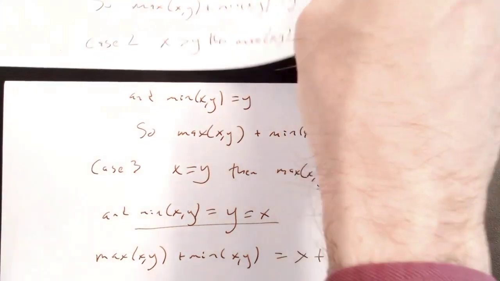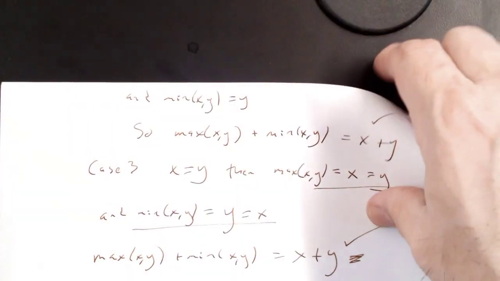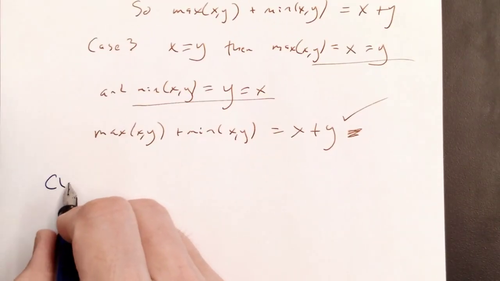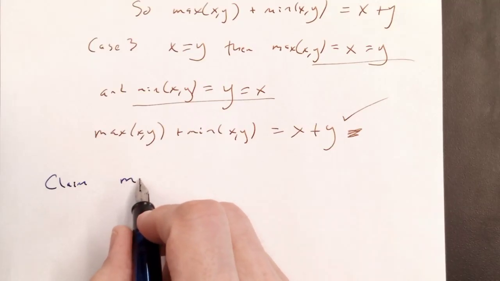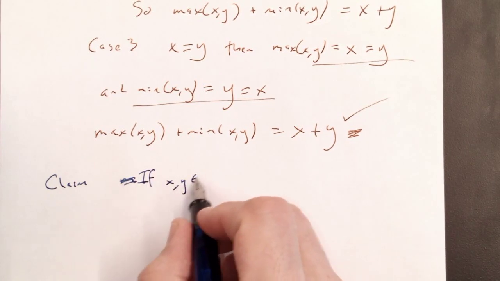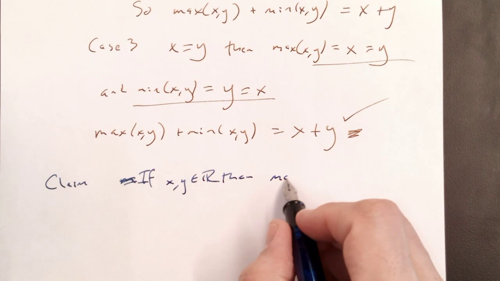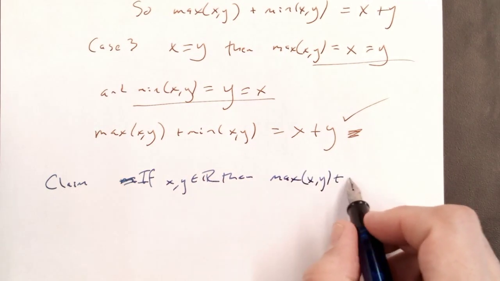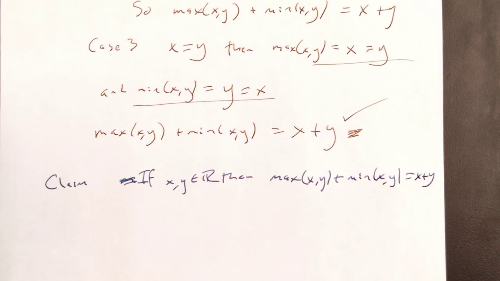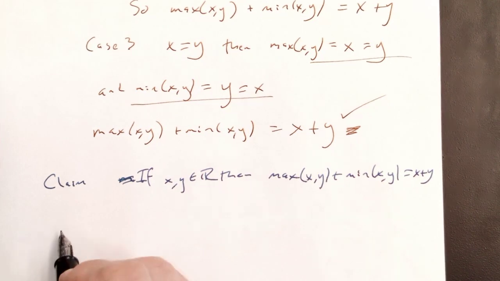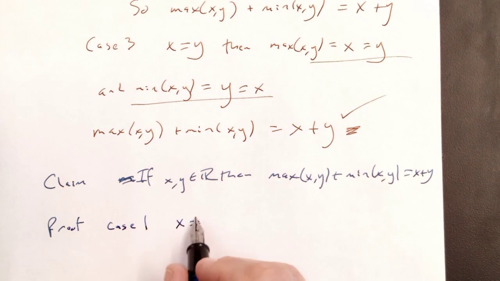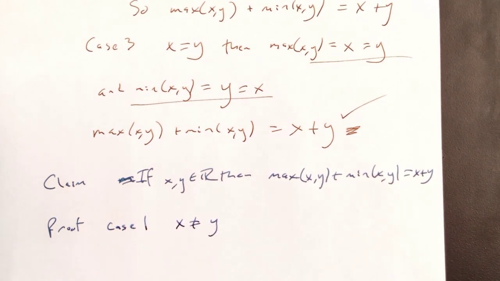So let me revise this proof again. If I want to combine those first two cases, I'll start by saying, all I know is that the numbers are different.